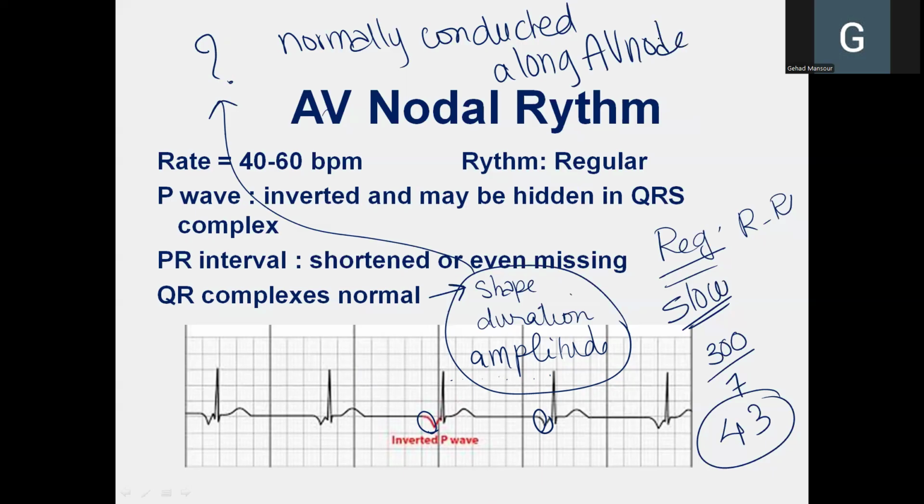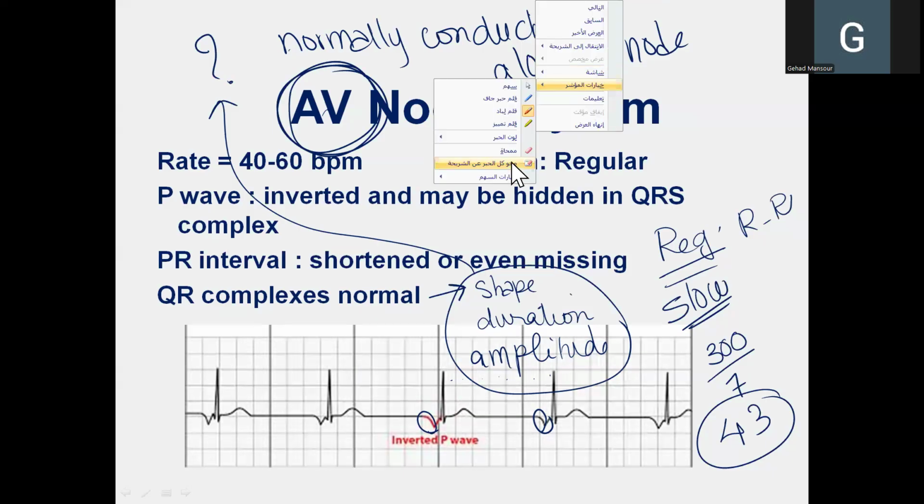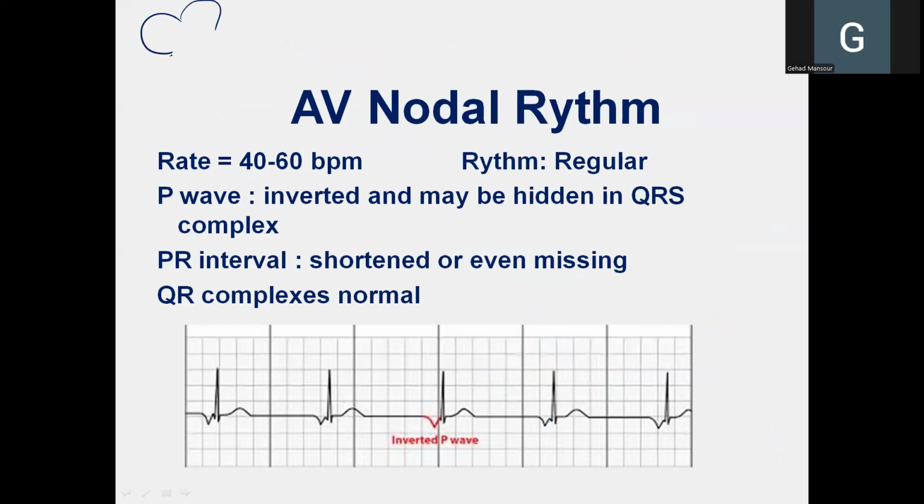Is it a sinus rhythm? No, this is not a sinus rhythm because it originated in the AV node. How come it originates in the AV node and meanwhile is normally conducted via the AV node? It's very simple. If we have the two atria and the two ventricles, and the AV node here, suppose you have an ectopic focus at the top of the AV node.